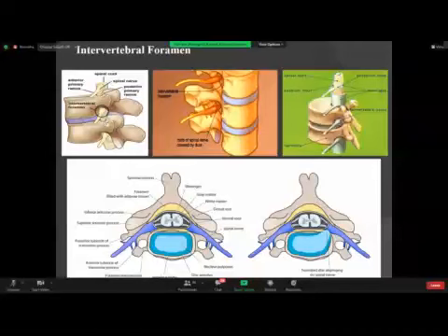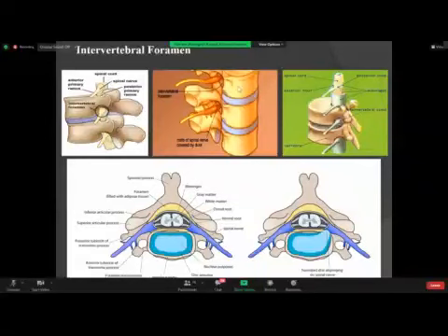So some people who have disc herniation, as I show over here, that can impinge on the nerve, that can cause pain, and depending on where it is, it can result in motor activity restriction. So it is important to understand how the vertebral column is organized, and what is the role played by these vertebrae.